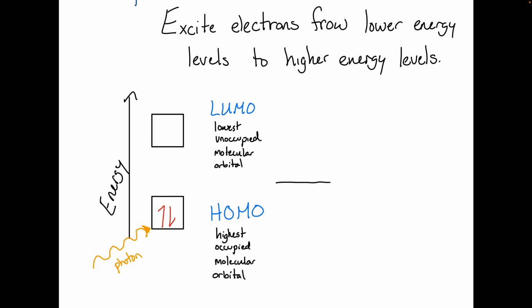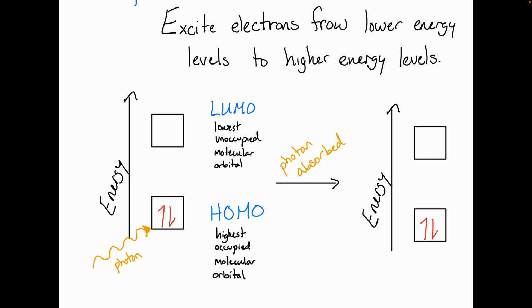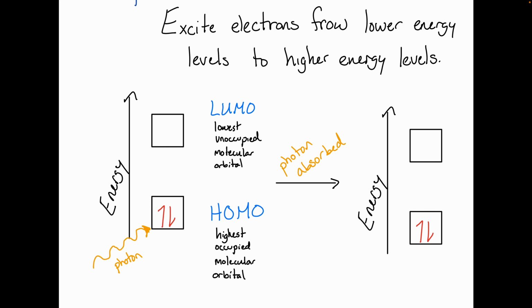All right, so in our diagram, if we were to show that photon is absorbed, what that's going to do is take this electron from down here and kick it up to this higher energy level.